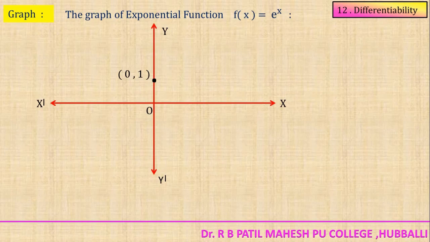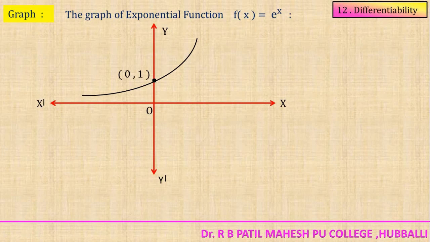Now this is the graph we get. For different values of x you get points like this: for 0 the point is 1, and for positive numbers we get other function values. When you join all these points, you get the shape of the curve in this way. This is the shape of the graph of the exponential function.